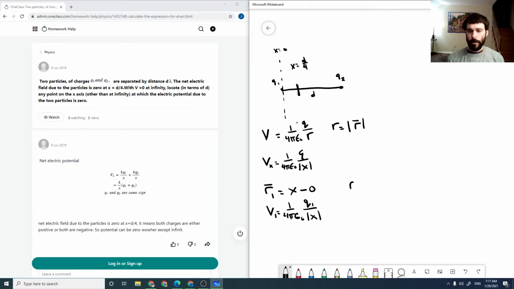Whereas my r2 is d minus x. So then my V2 is 1 over 4 pi epsilon naught Q2 over d minus x, again absolute value.